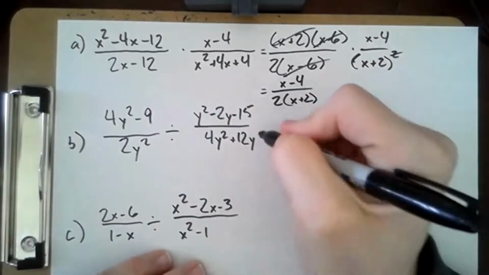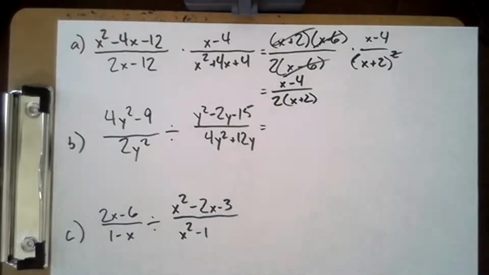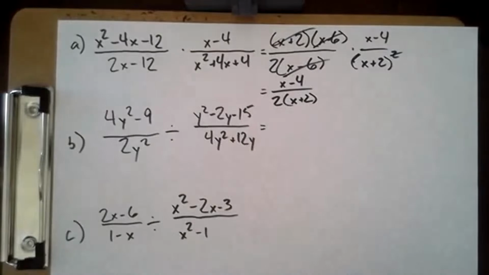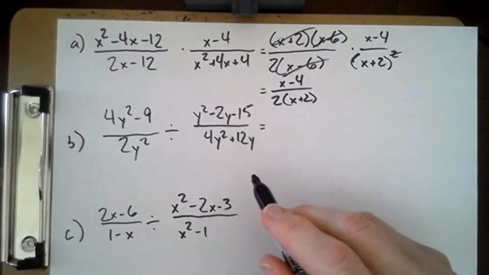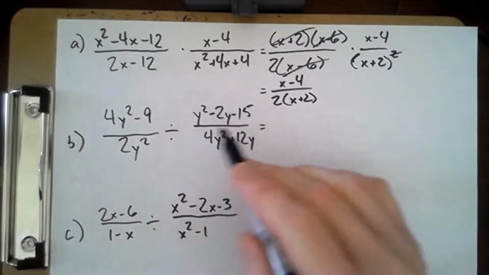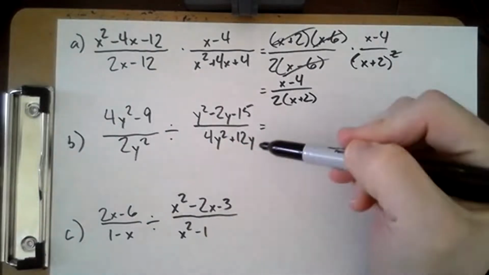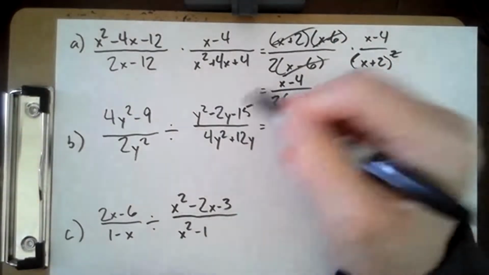We do the same thing in B. We rewrite this, and this time, in addition to factoring, we're going to change this to a multiplication problem, which means we have to flip this second term. We've flipped this divisor as we are simplifying.